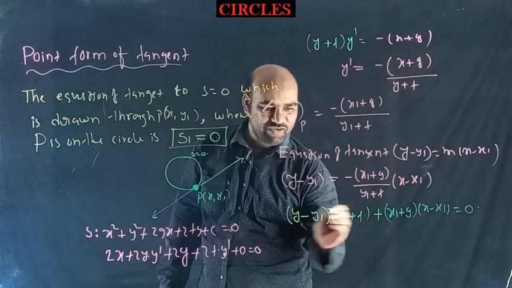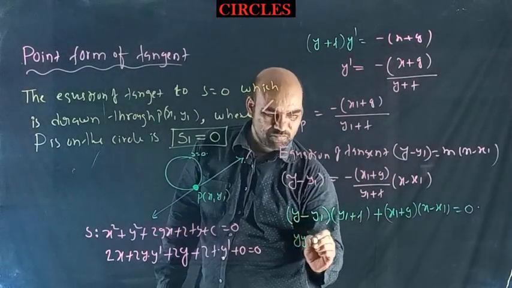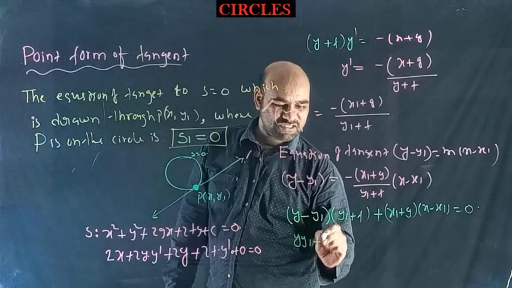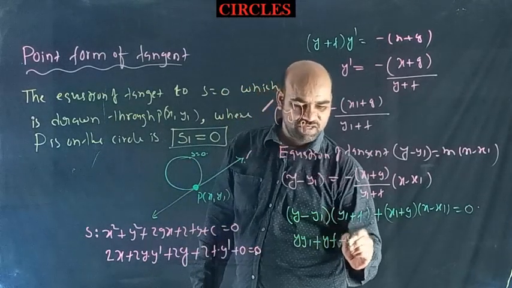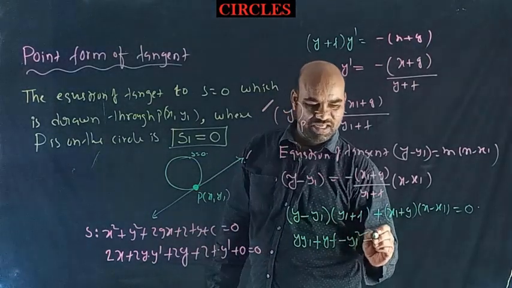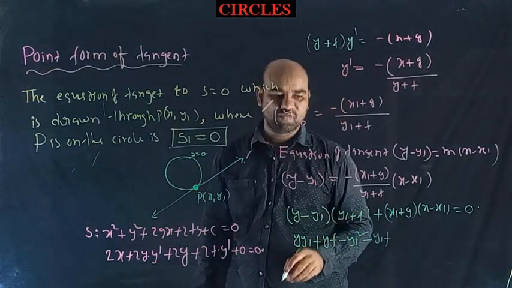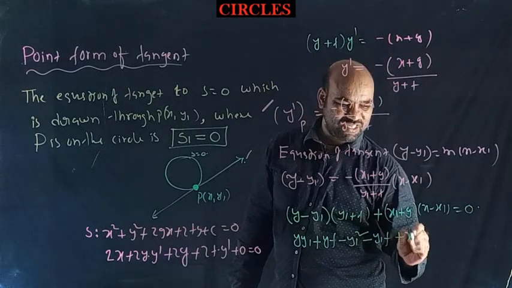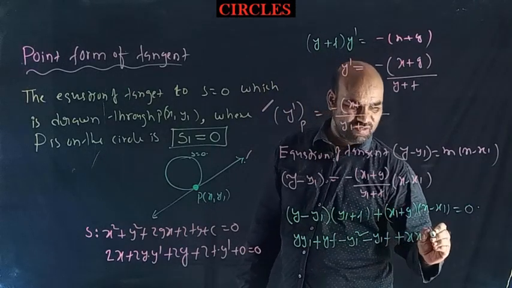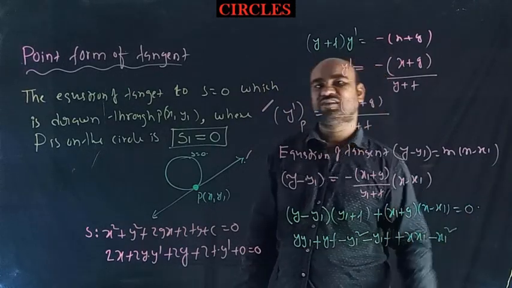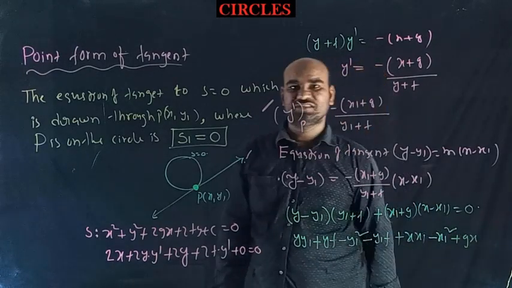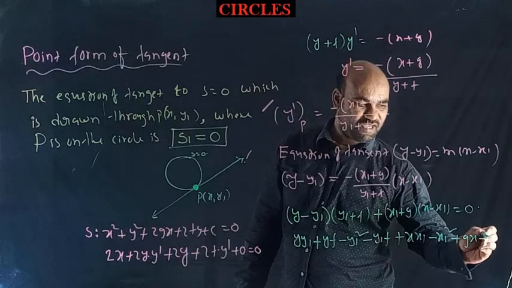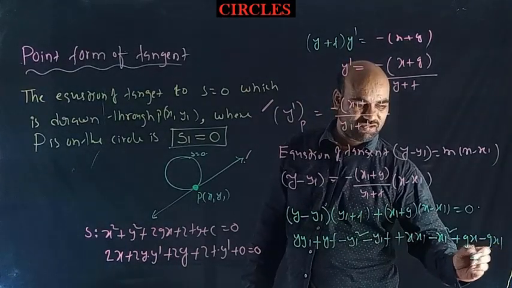Now I am simplifying: y1 plus yf minus y1 square minus y1f plus xx1 minus x1 square plus gx minus gx1 equal to 0.